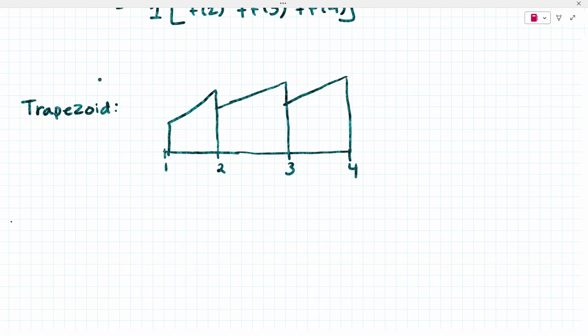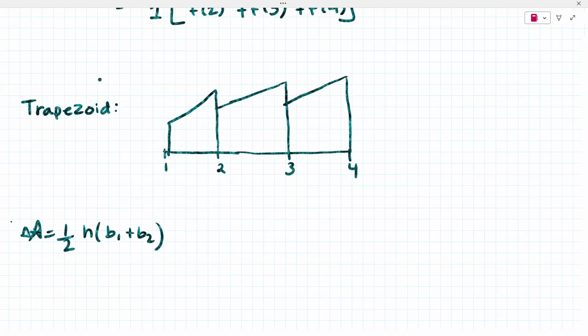Okay, so what is the area of a trapezoid? The area of a trapezoid is 1/2 times the height times base 1 plus base 2.